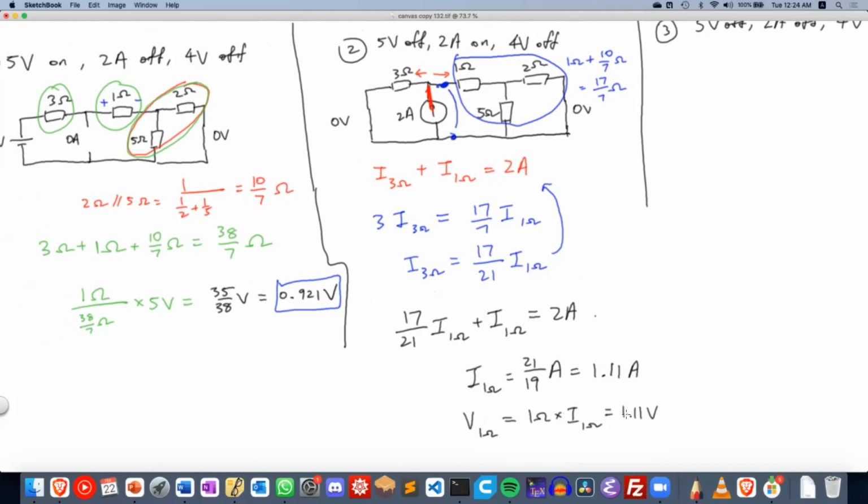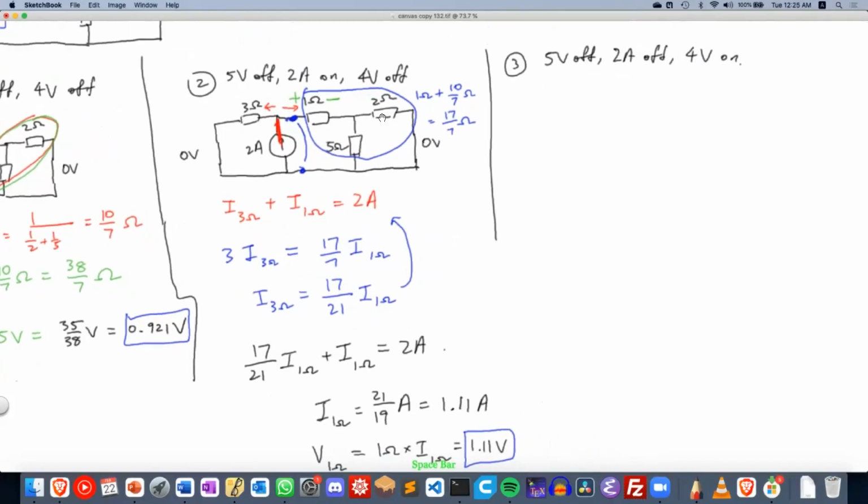And once again, taking care of the sign, we realize that the left of it is positive and the right of it is negative. So let me just mark in green. The left is positive and the right is negative because the current is flowing from left to right.